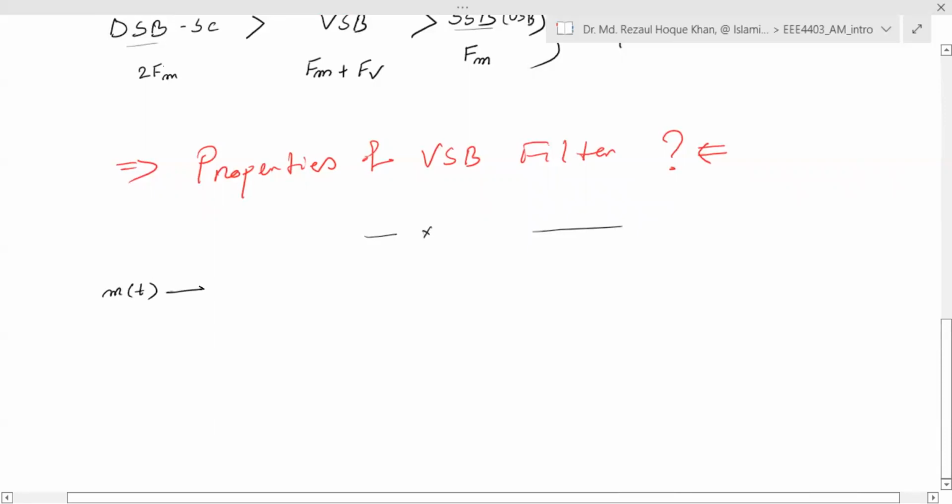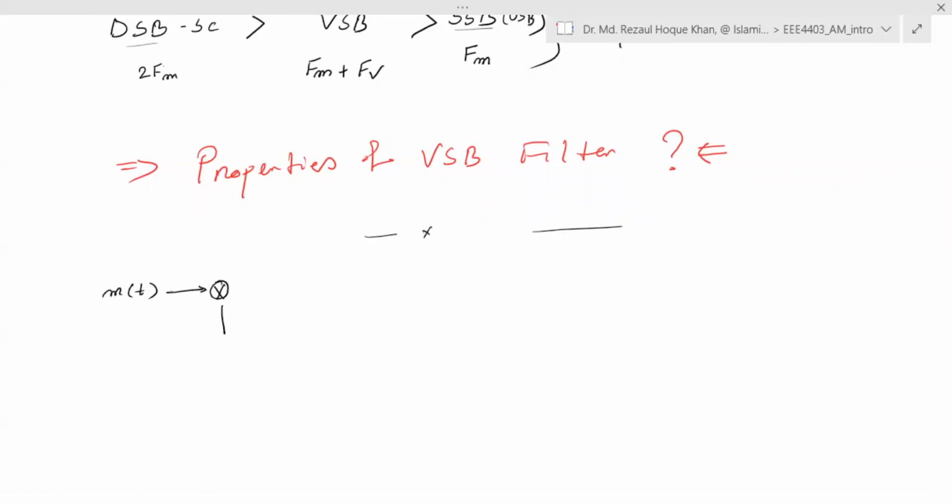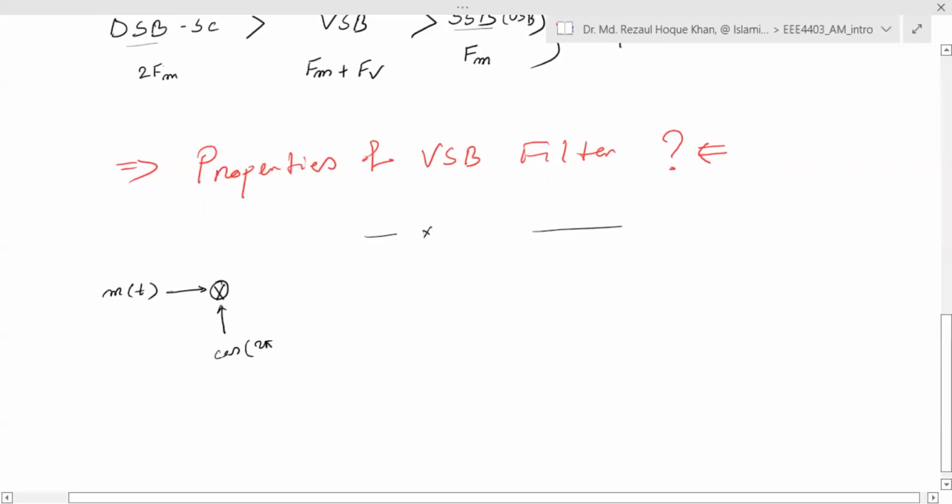This signal is up-converted by a carrier signal cos 2 pi fct, giving x(t), which is double sideband.